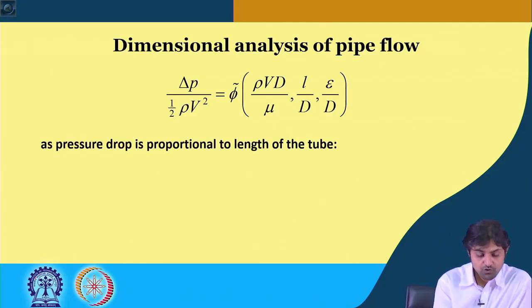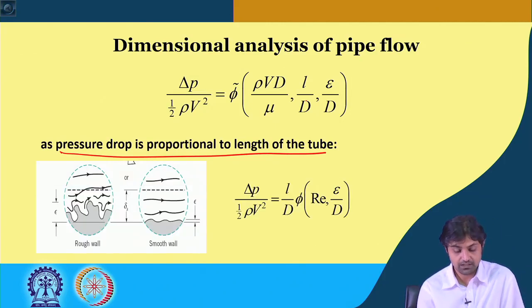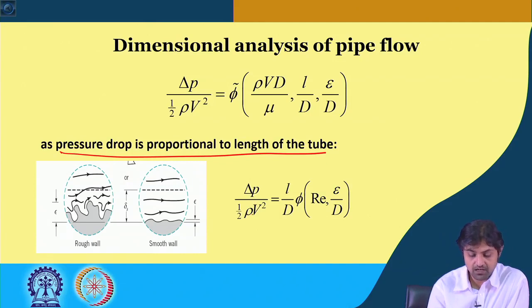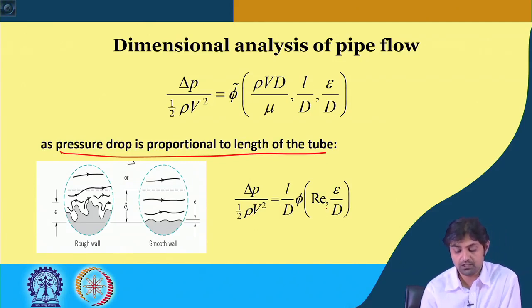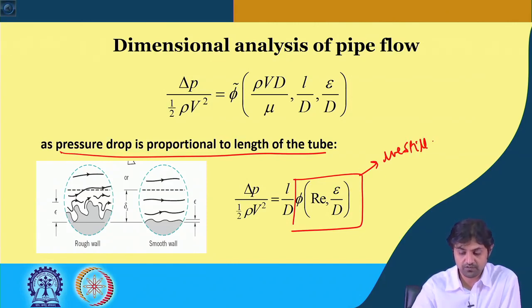Now we already know from before the pressure drop is proportional to the length of the tube. So we can take L by D outside and we can write delta P by half rho V square is equal to L by D as a function of Reynolds number and epsilon by D. How this depends we still don't know, right? Until now, with the topics that we've covered, we still do not know.